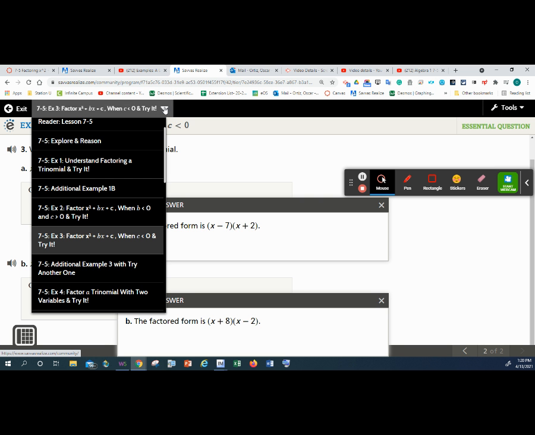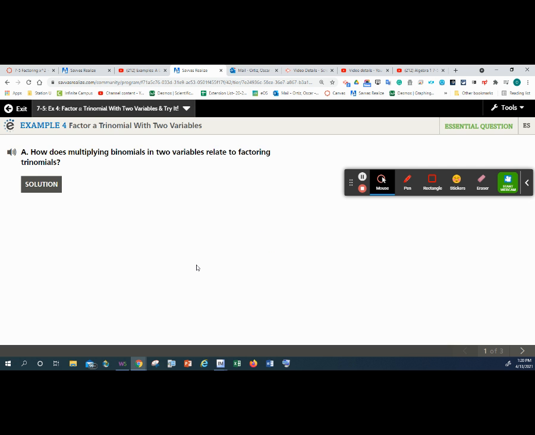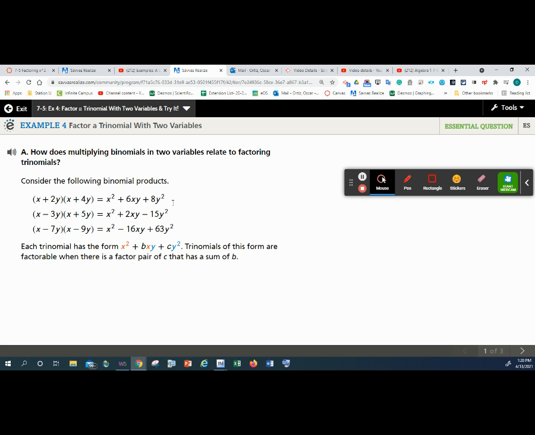In example number 4, all they are saying is that even if you have more than one variable, sometimes you can use the same kind of reasoning. So let's just start by multiplying. When you multiply x plus 2y times x plus 4y, you can actually think of this as, like, 2y is a number, x plus a times x plus b.